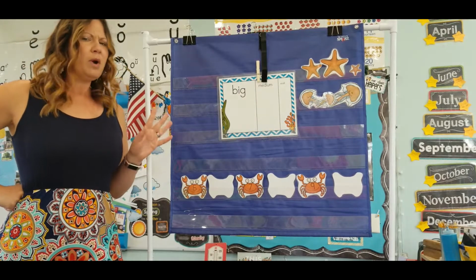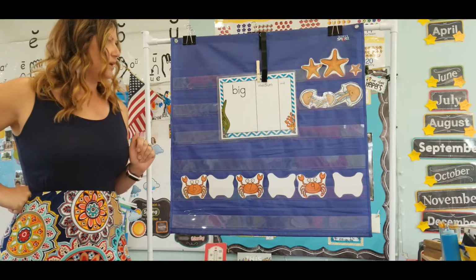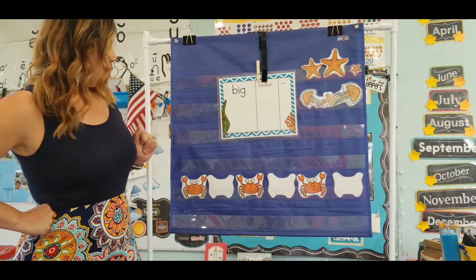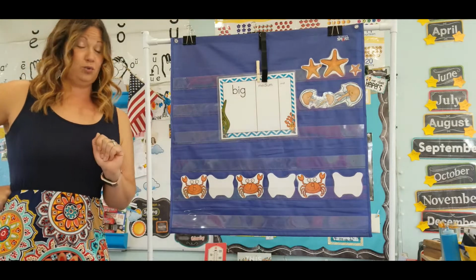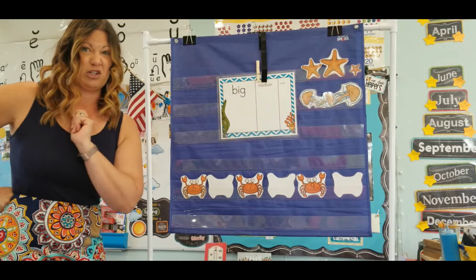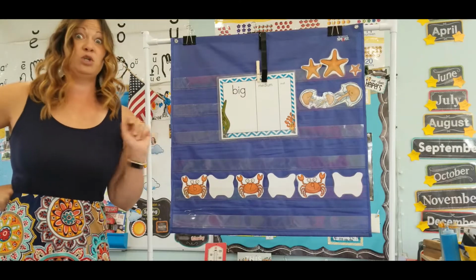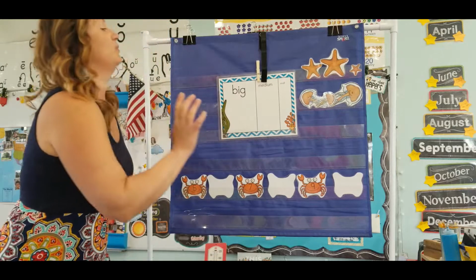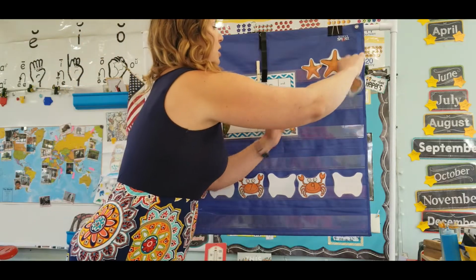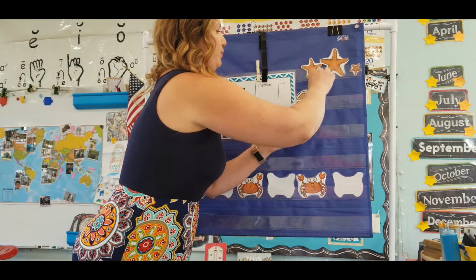Now, let's warm our brains up a little bit this morning. Okay, we've got big, medium, small. We need to sort our jellyfish and our starfish. Which one should we do first? Jellyfish? Okay, let's get all these little guys out.